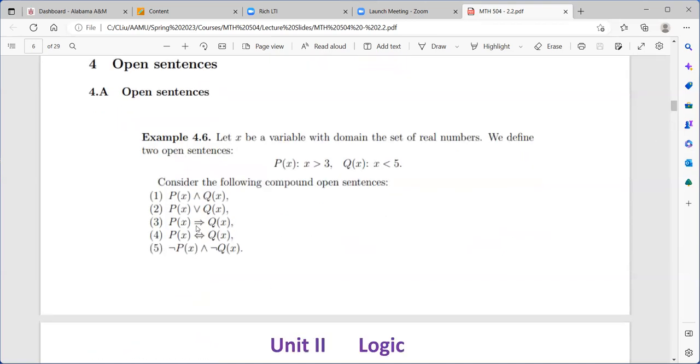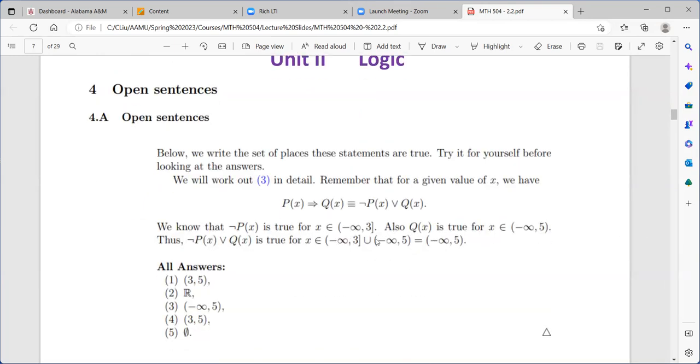So the third open sentence is true when x is less than 5. Of course, you know how to take the union of two intervals. One of the easy ways to work out these unions is to draw number lines.